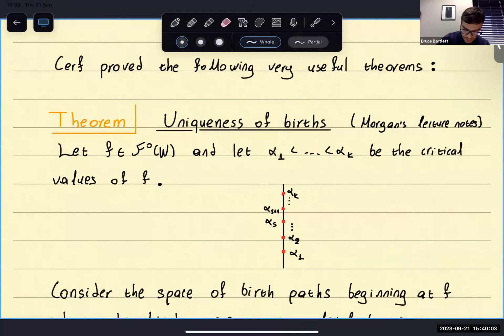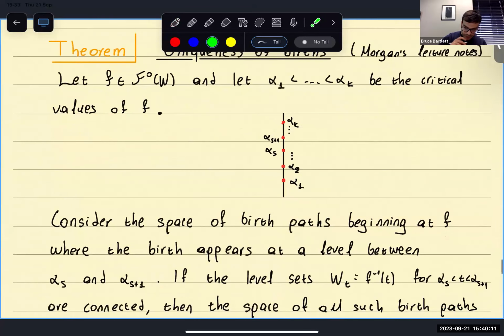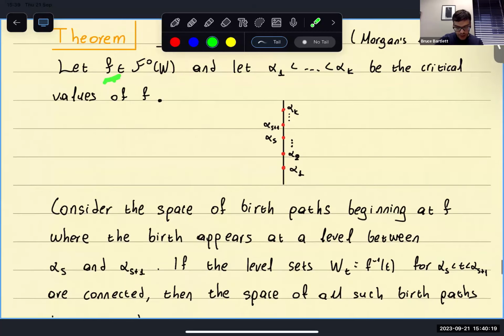So what's the setup? The setup is that I have these critical values, and I consider the space of birth paths which begin at f, and the birth appears at a level between, say, alpha s and alpha s plus 1. That's just a subspace of all Cerf paths that I can write down.